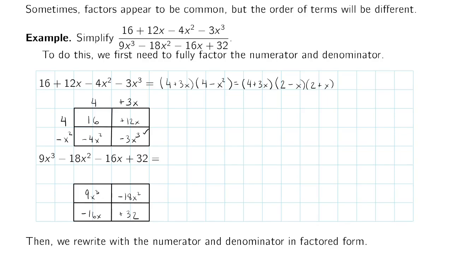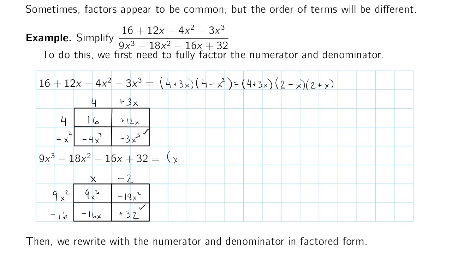First row, greatest common factor is a 9x squared. 9x squared times what gives me 9x cubed, that's just an x. 9x squared times what gives me negative 18x squared, that's a negative 2. x times what gives me negative 16x, that's a negative 16. Negative 16 times negative 2 does indeed give me positive 32.